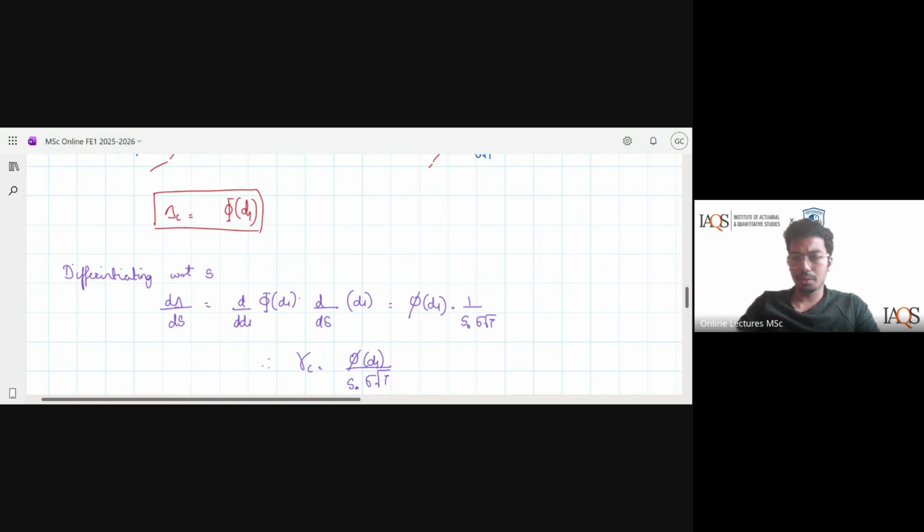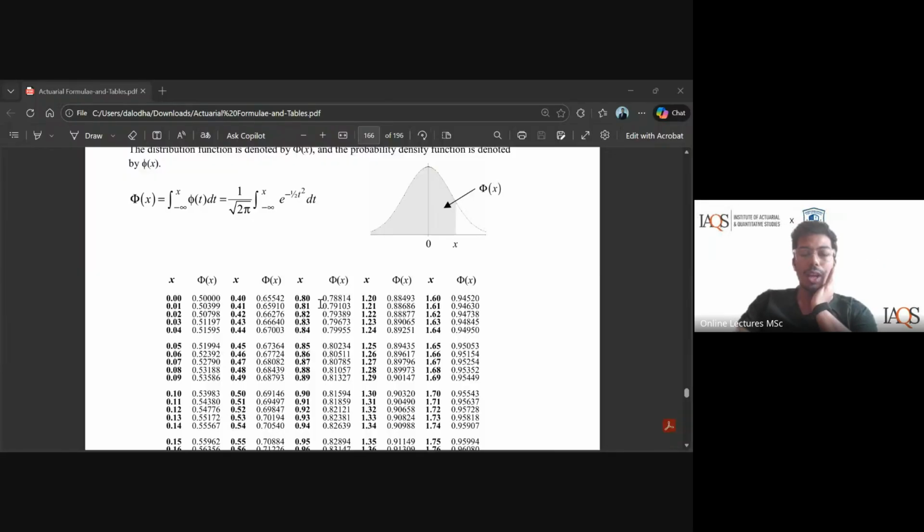Under this phi inverse, let me present tables. Whenever you had to calculate phi of x, you look at your value of x and get the corresponding value of this. Now, when you need phi inverse of some probability value, you will know this particular value, and you need to calculate the bold values.